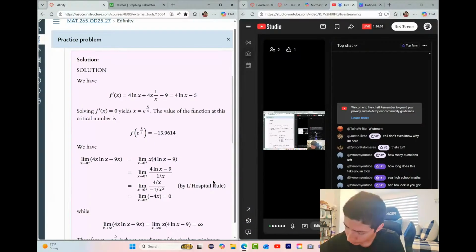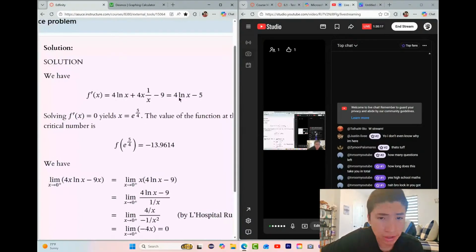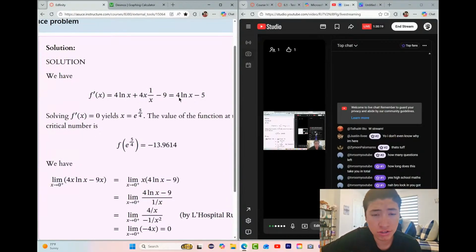So I'm just gonna cross that out. Cross that out as well. So you said x equals e to the power 5/4. So e base e to the power 5/4 is 5/4. 4 times 5/4 is 5.